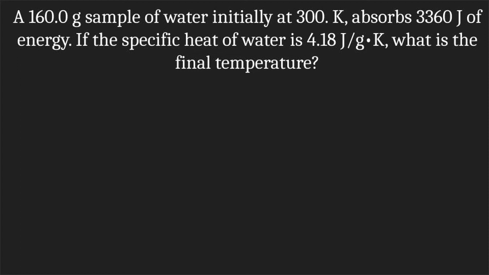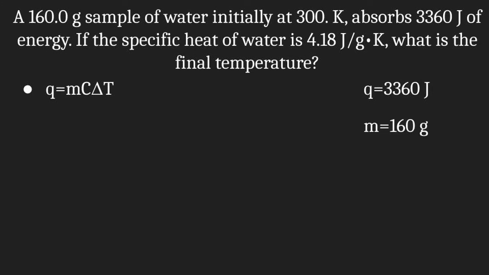So just like the last two examples, we're going to write our equation Q equals mc delta T, and then go to our right and write our givens. We're told that we're absorbing 3,360 joules, so that's the value of Q, and it will be positive since we're absorbing the energy. They tell us that the mass is 160 grams, and then they tell us that the specific heat is 4.18 joules per gram Kelvin.